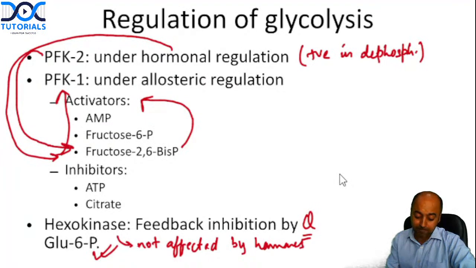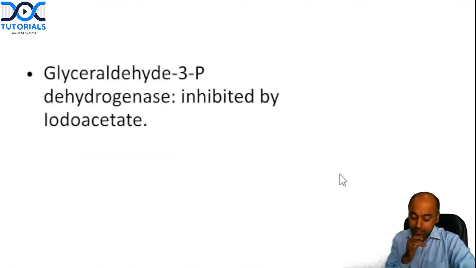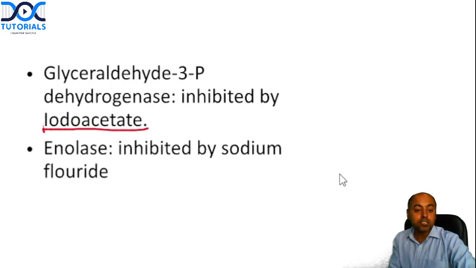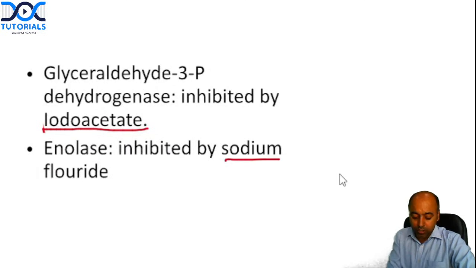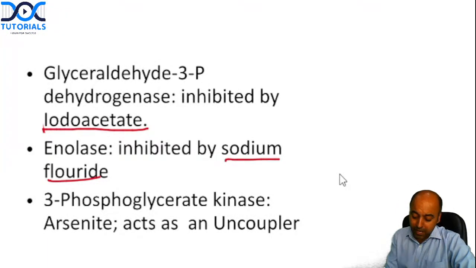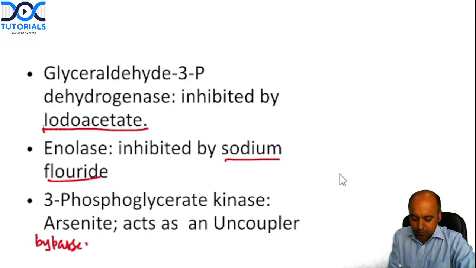In addition to that, what you have to remember, glyceraldehyde 3-phosphate dehydrogenase is inhibited by iodoacetate. Enolase is inhibited by sodium fluoride, and the 3-phosphoglycerate kinase reaction is bypassed by arsenite.